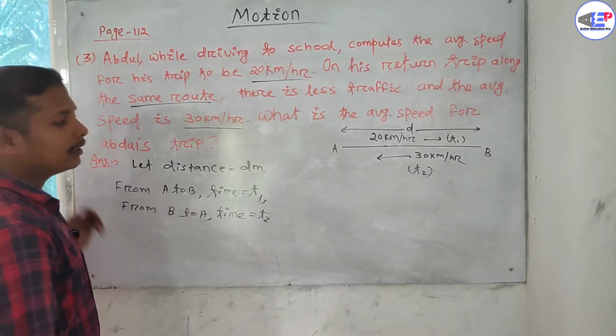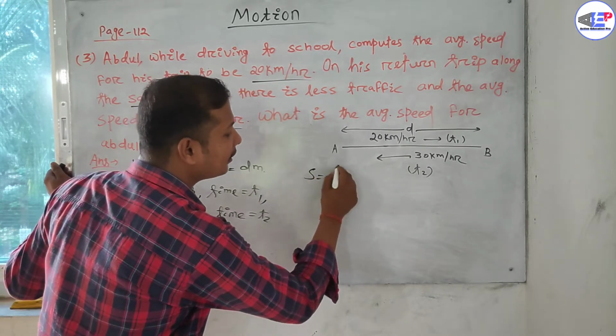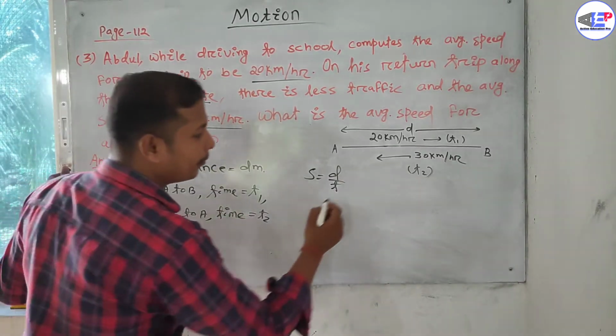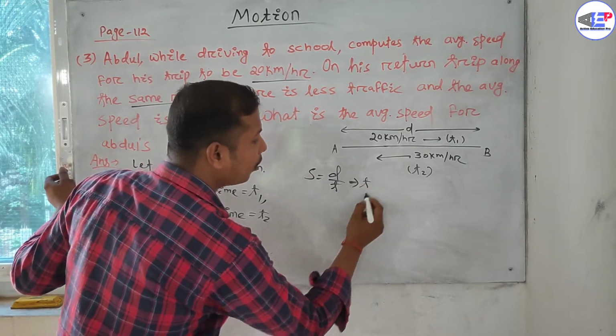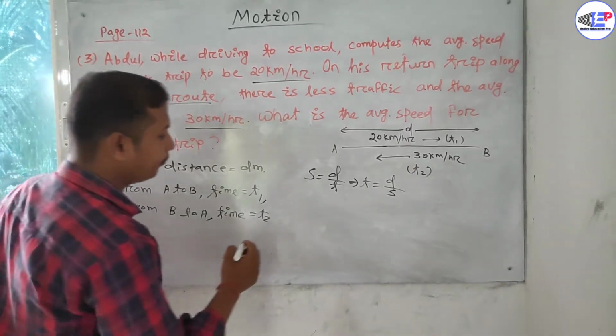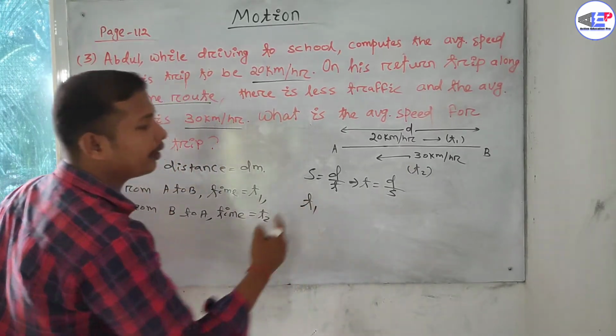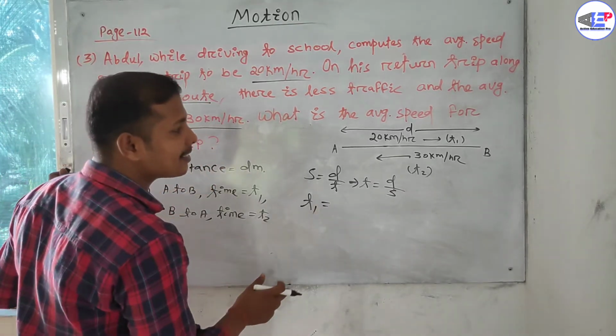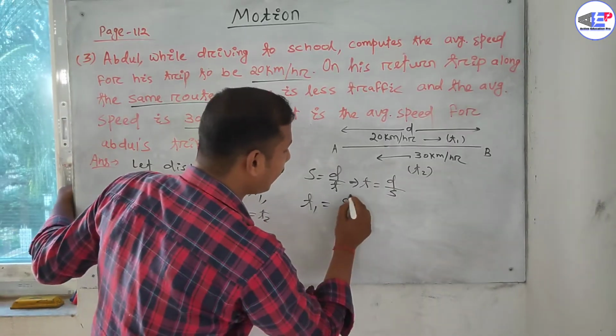We know that speed is distance divided by time. From here we can calculate the time. So time t will be equal to distance d by s. Time t1 will be distance d divided by speed.